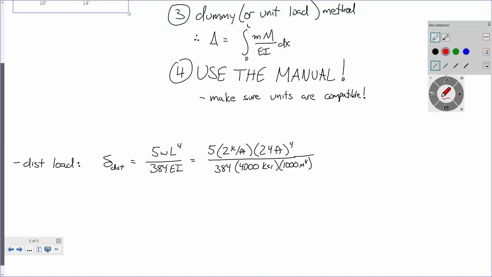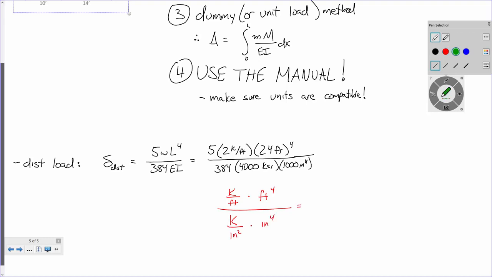Now, before we do any button crunching on the calculator, let's look at the units, okay? So what are we going to get from a unit standpoint? We're going to get kips per foot times feet to the fourth, right? Then we're going to get kips per inches squared times inches to the fourth, right?